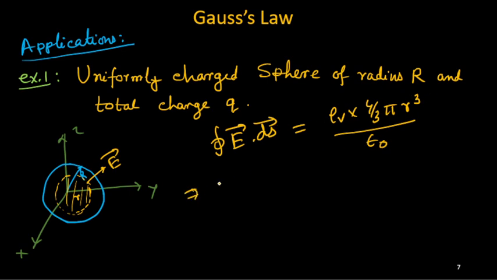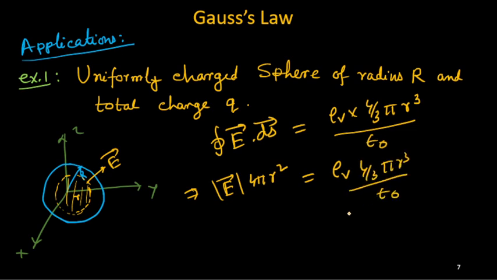Now the magnitude everywhere on this sphere is constant, which is mod of E, and the integration of ds is 4 pi small r square, the surface area of this sphere. That equals rho v times 4 by 3 pi r cube upon epsilon naught.